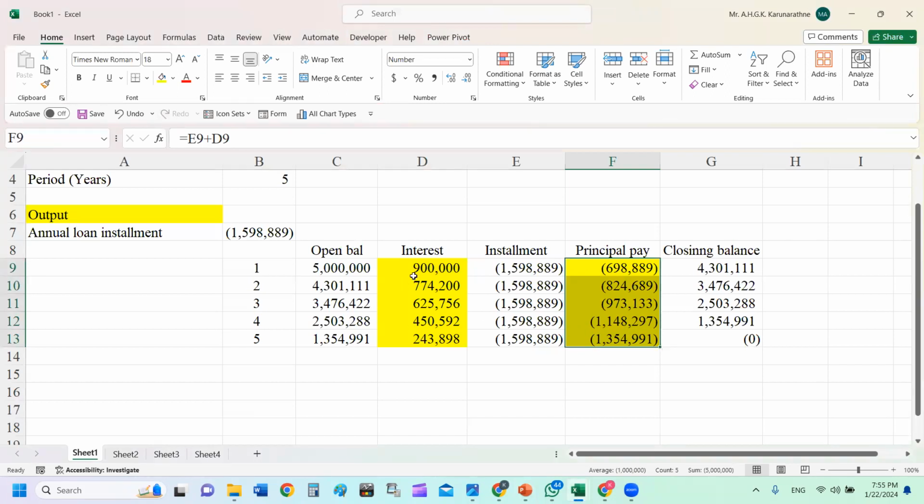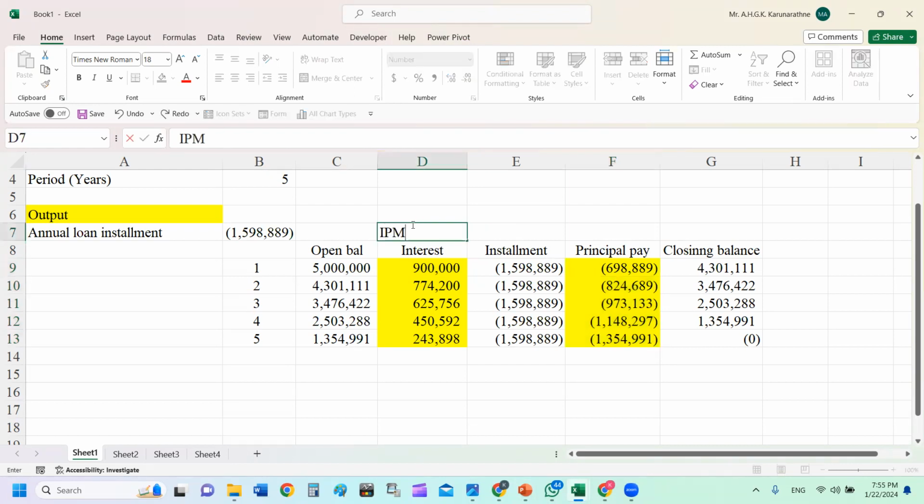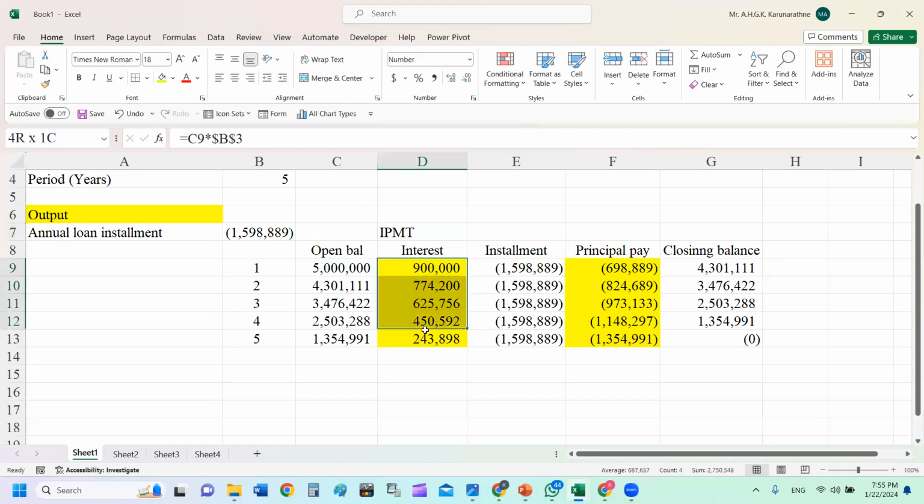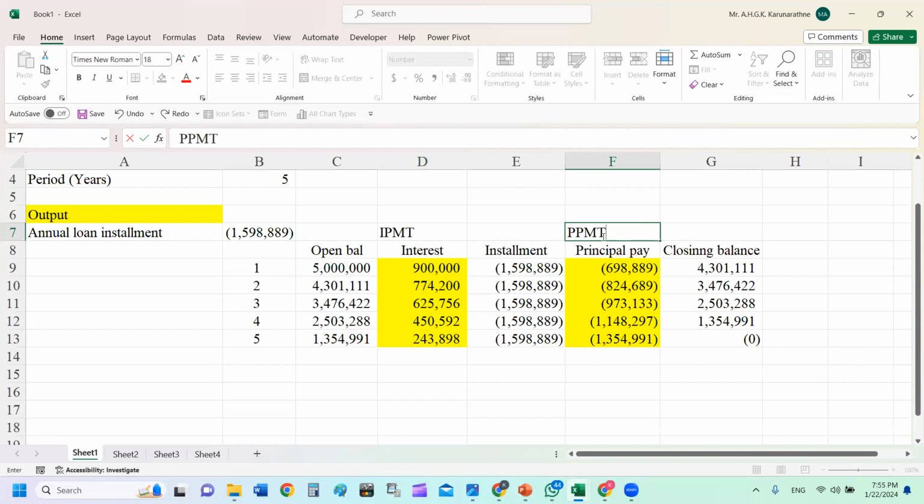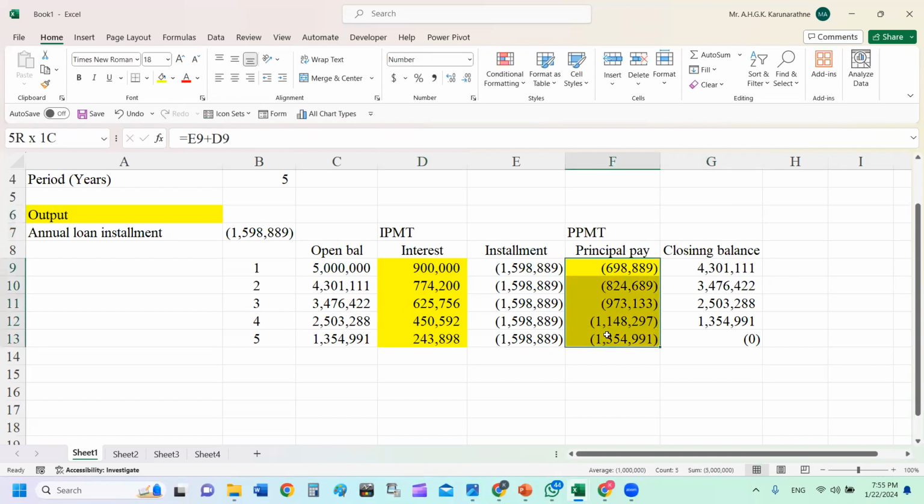I'm not going to discuss how to use IPMT and PPMT here. If you need, you can find the interest computation with them, but you will all agree there is no need to use those formulas, because inside the loan repayment schedule we can compute this using a simple formula. So no need to use IPMT and PPMT.